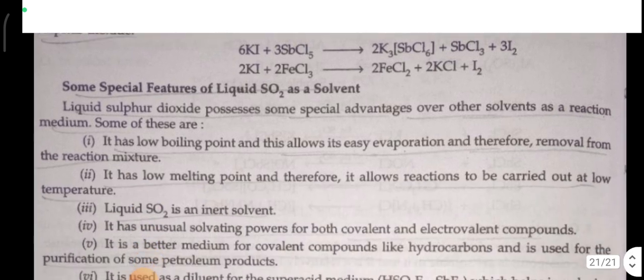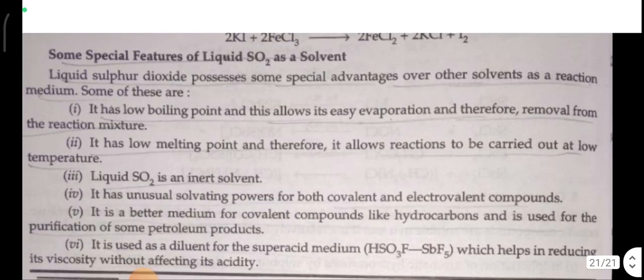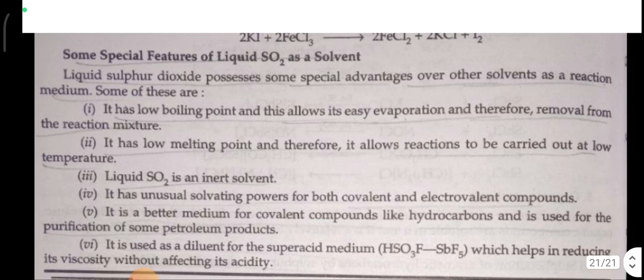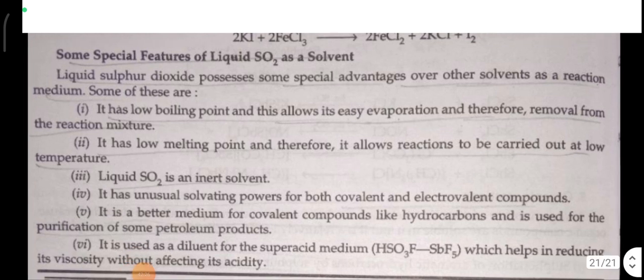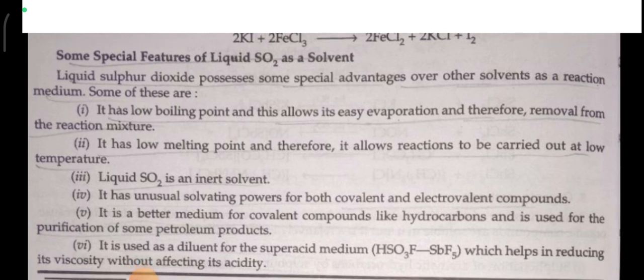Some special features of liquid SO2 as a solvent. It has a low boiling point, and this allows its easy evaporation and therefore removal from the reaction mixture. It has a low melting point and therefore allows reactions to be carried out at low temperature.